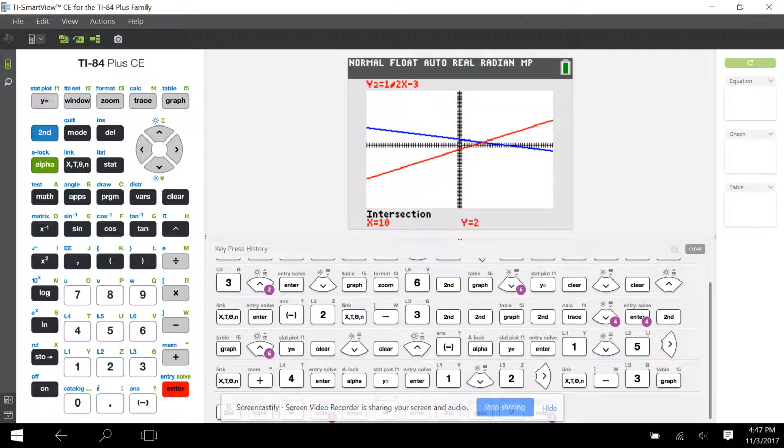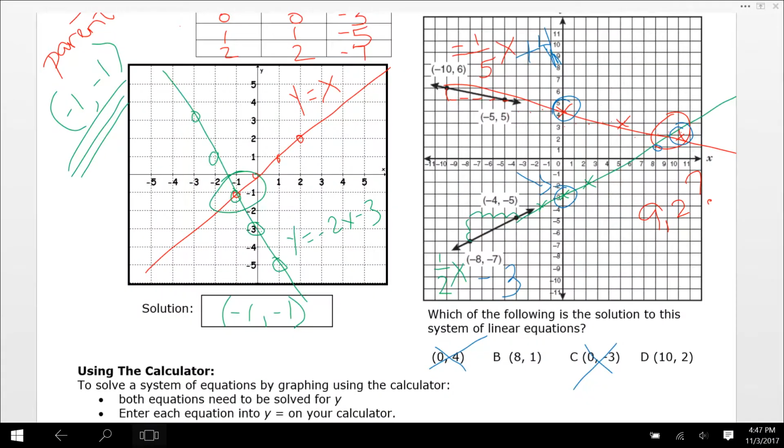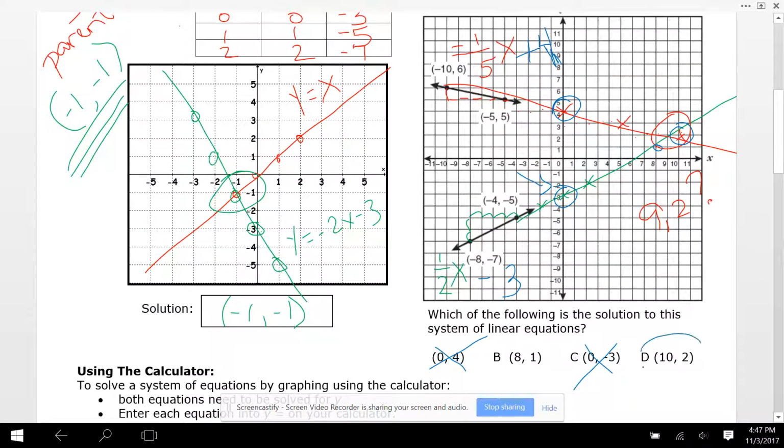And there's 10, 2 again at the bottom, and you can see where it says intersection. If it doesn't say intersection, you didn't hit the right buttons. So make sure you're paying attention. Okay, back to our notes. So D is our answer.